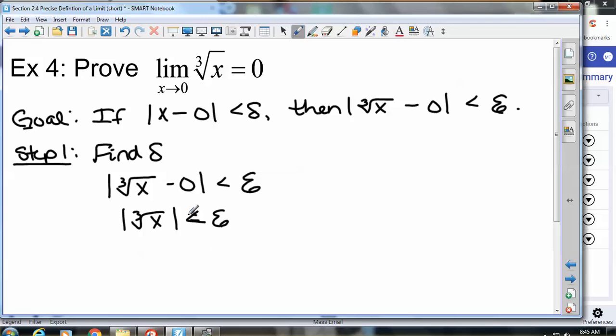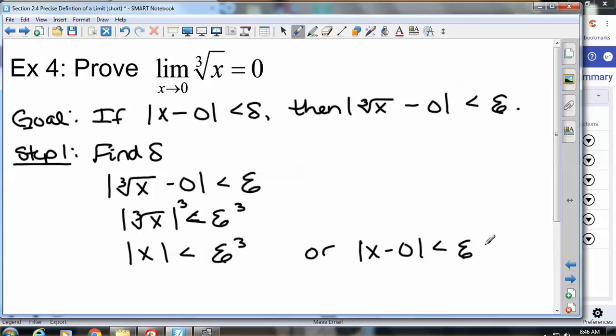But if you cube one side, you have to cube the other. So this means the absolute value of x is less than epsilon cubed. Keep in mind, we have this x minus 0. Isn't that the same as saying the absolute value of x minus 0 is less than epsilon cubed? Okay, so that is our delta. Delta has to be epsilon cubed.